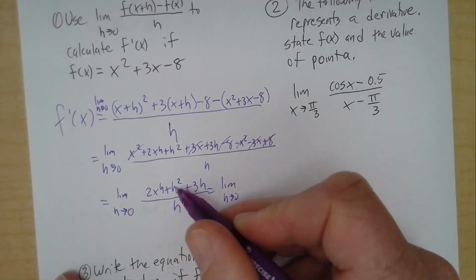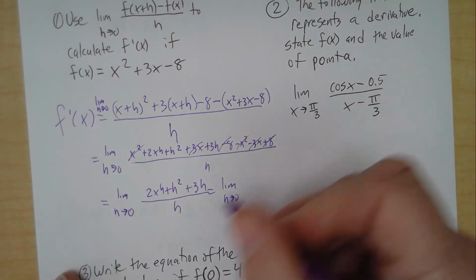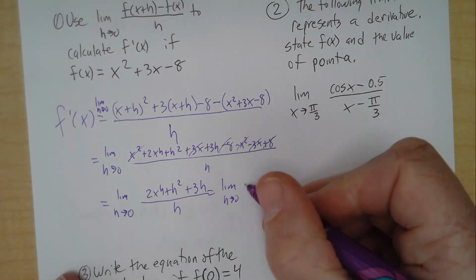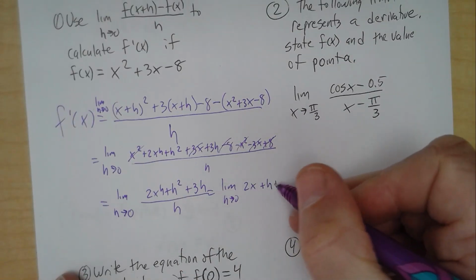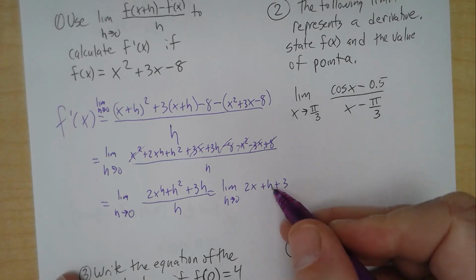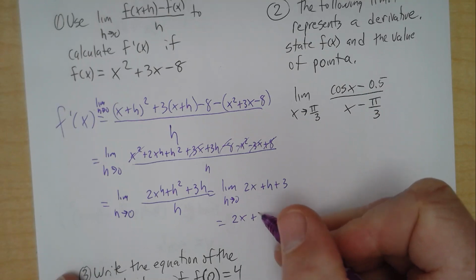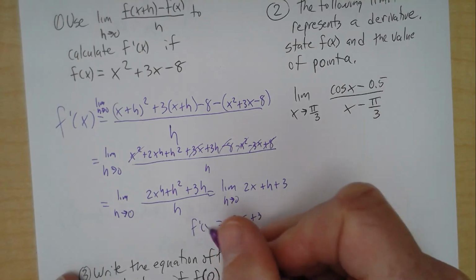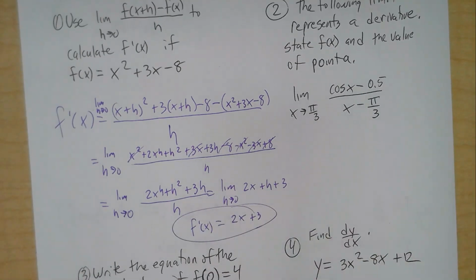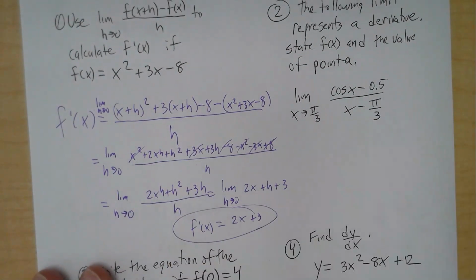The h divides into all three terms, which is good because then I'm no longer dividing by 0. You get 2x plus h plus 3. H goes in as 0, and you get 2x plus 3, which is f prime of x. All right, which we knew in the beginning, but when I grade this, I'm going to be looking for key things through here.